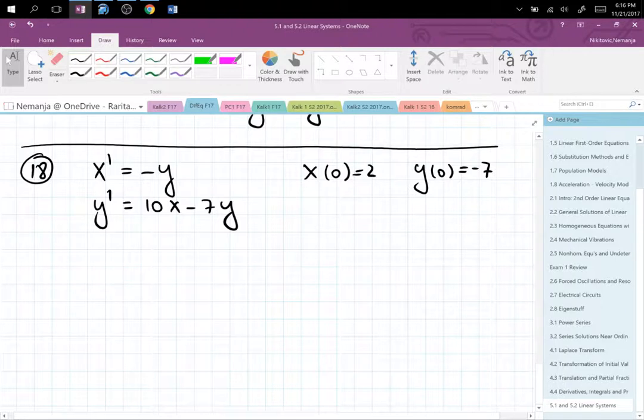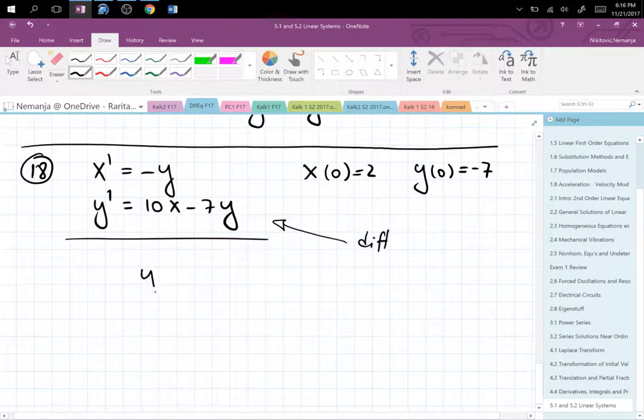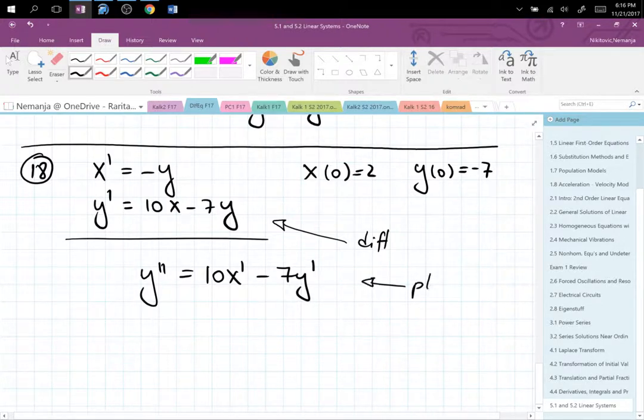So where do I start? Well, I differentiate this one and get y double prime is equal to 10x prime minus 7y prime. And then I plug in equation 1.